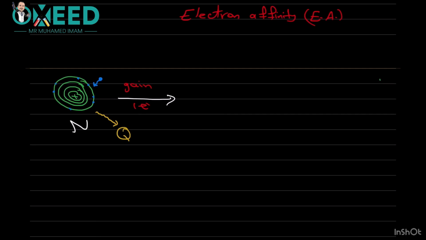By the way, after gaining an electron, what happens to the atomic size or the ionic size? It will become bigger. It contains 8 electrons in the outermost energy level. We can refer to it as N-1.